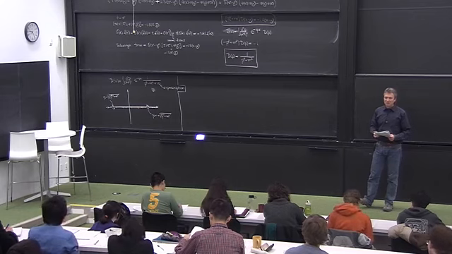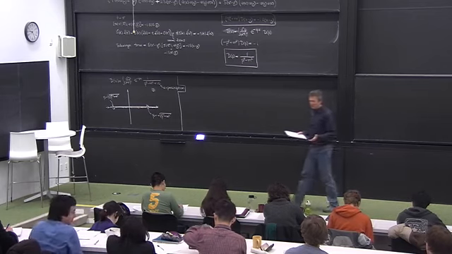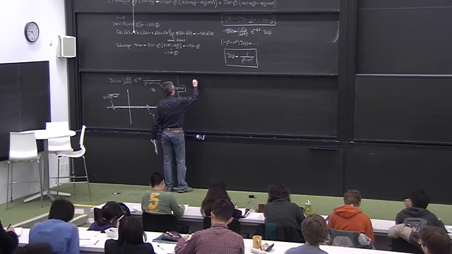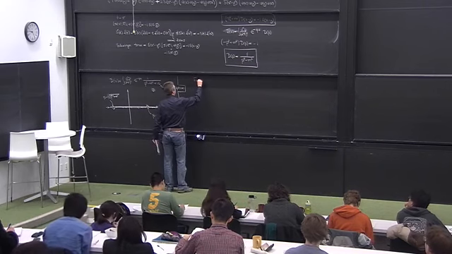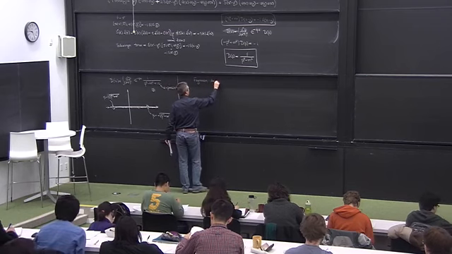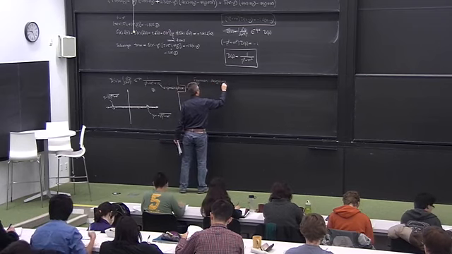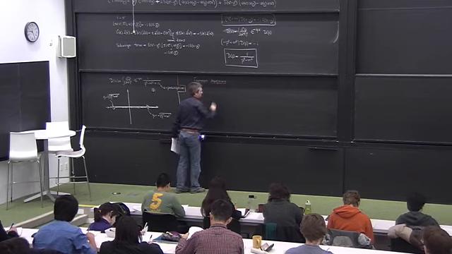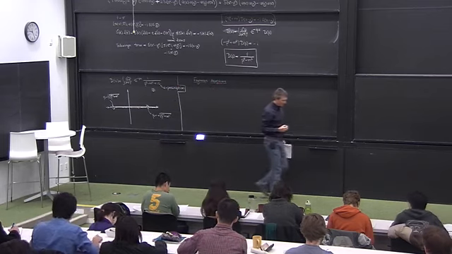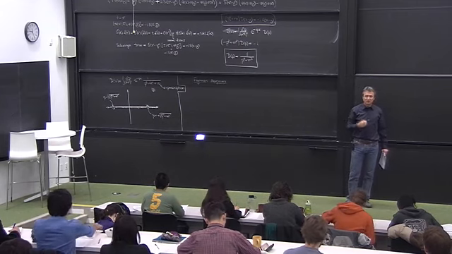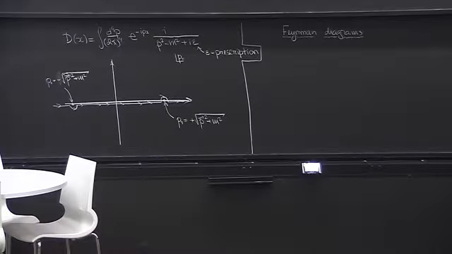Well, then let's do some calculation that involves interactions. So let's do Feynman diagrams, but now in an interacting theory. In the last lecture, we computed the 4-point Green's function in the free scalar theory.